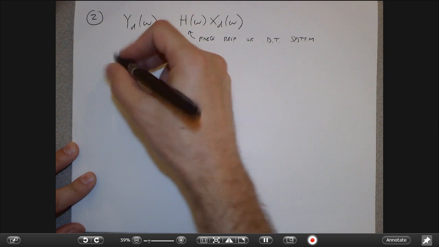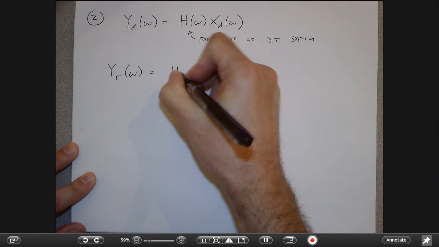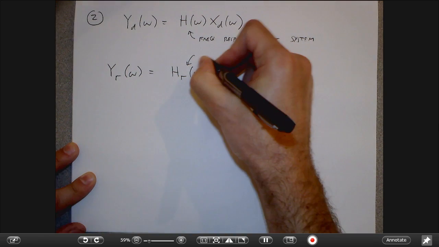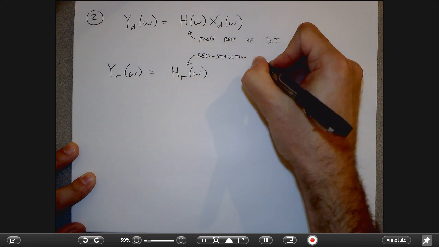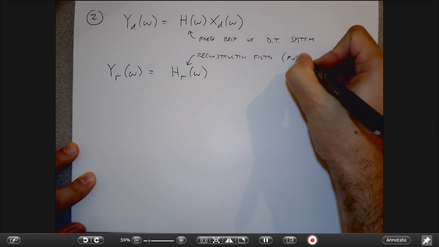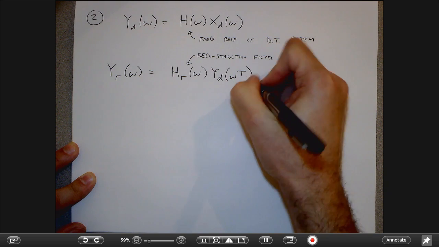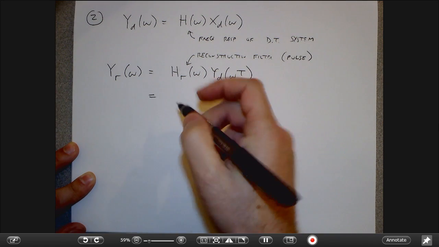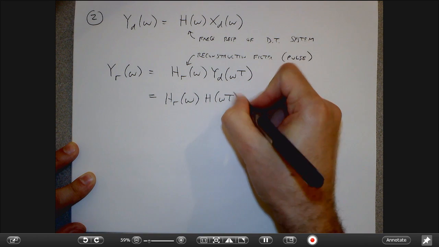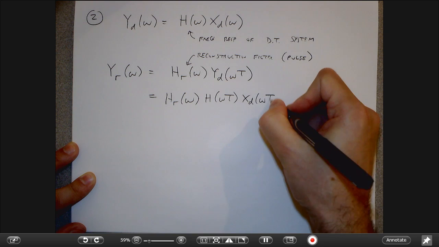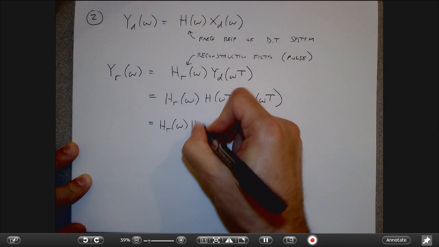So what I know is that my CTFT output is the reconstruction filter, which is a pulse, multiplied by whatever my discrete time output is, and I'm going to fill in what I know about this. I'm just working backwards through all the things that I know.